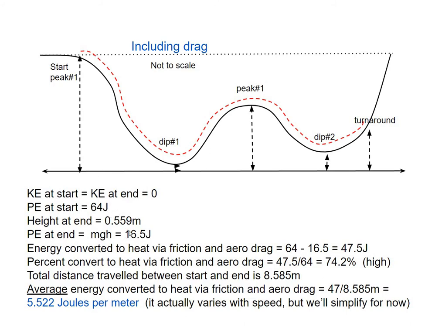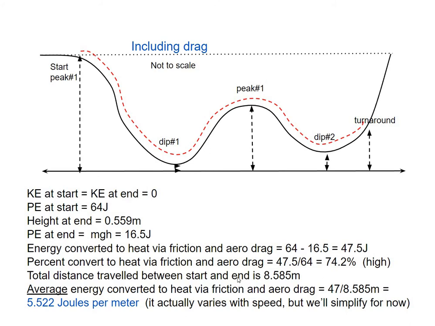So we lost the difference between these two, which is 64 minus 16.5, or 47.5 joules of energy converted to heat via friction and aerodynamic drag. So just by running this cart one time, we converted 74.2% of our available energy to heat. And that's fairly inefficient.